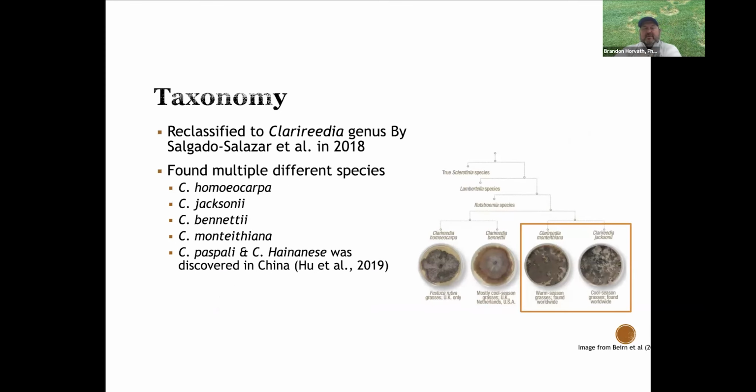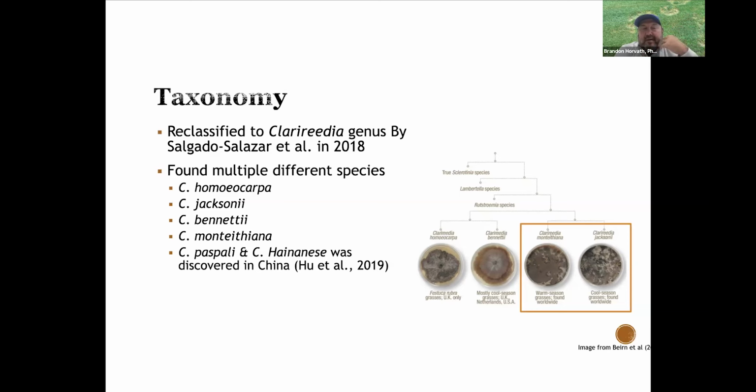And then in 2018, we finally get kind of the seminal work done to show conclusively where dollar spot belongs in terms of the taxonomy of the fungi. And so Salgado Salazar in 2018 with others reclassified this into its own genus called Clariredia, named after Reed Funk, the turfgrass breeder at Rutgers.